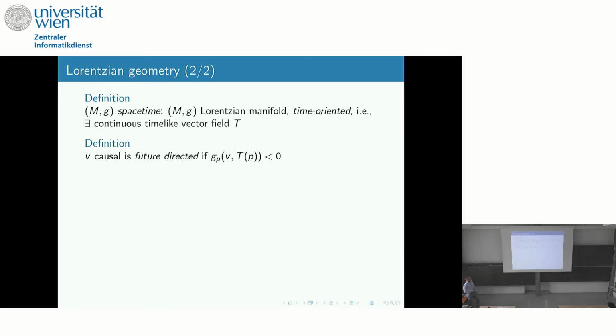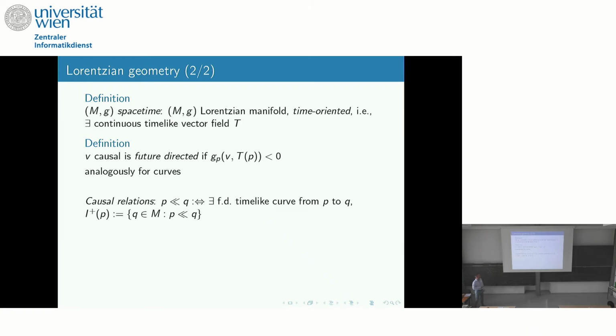Okay? And we say that a causal vector v is future directed if it is in the same connected component as the time orientation, or otherwise it is past directed. The same for curves.